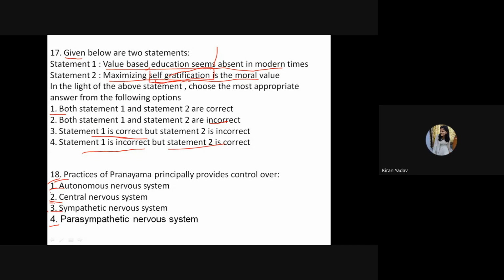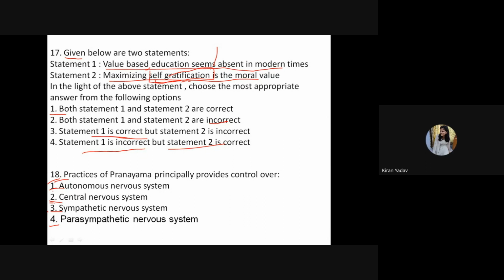Sakshi ji, I didn't understand what you were trying to say. I was saying that pranayama gives control over sympathetic nervous system, then only parasympathetic nervous system activates, no?